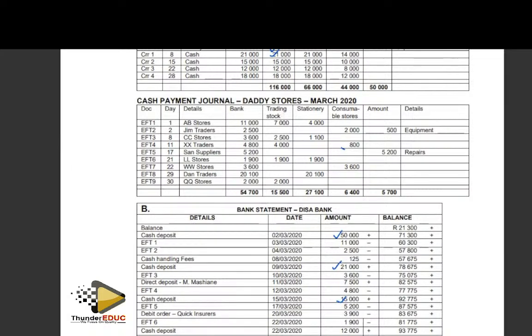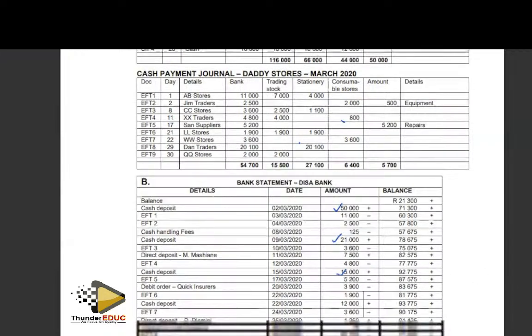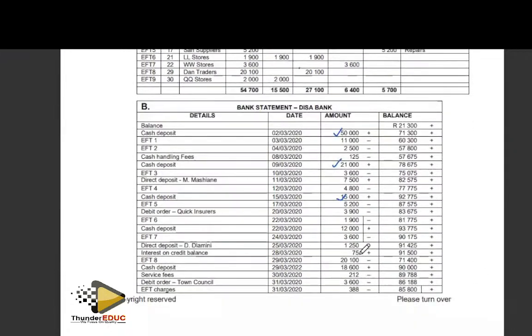Then we have the 12,000 on the statement. What is the 12,000? Cash deposit, 22nd. Okay, 12,000. Even here on the cash receipts journal, I have the 12,000.